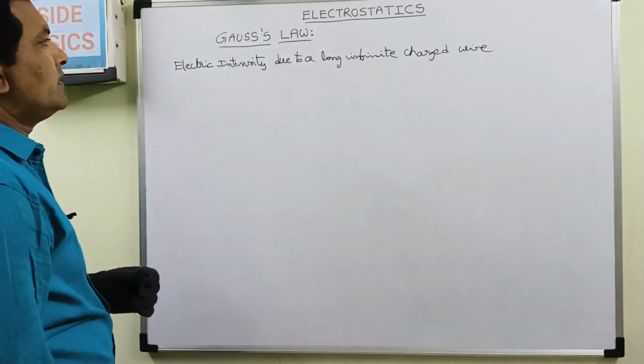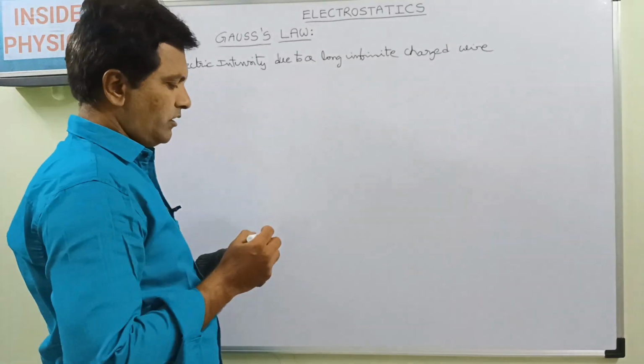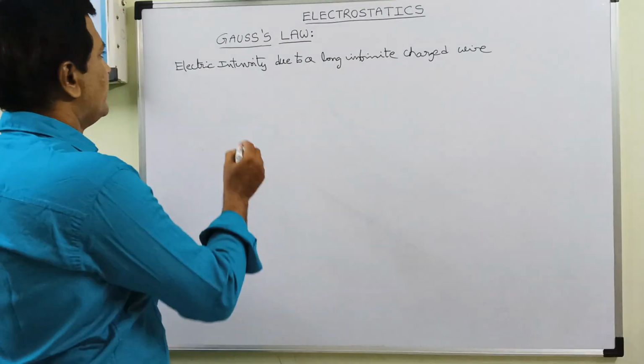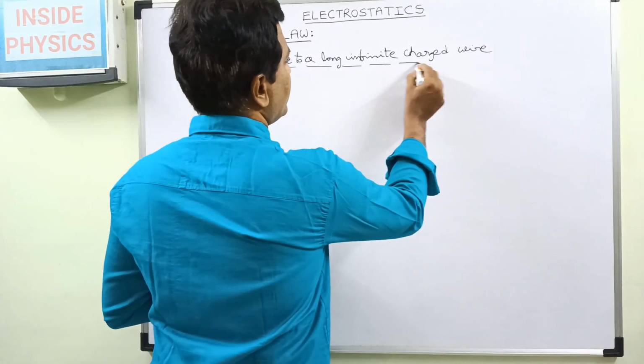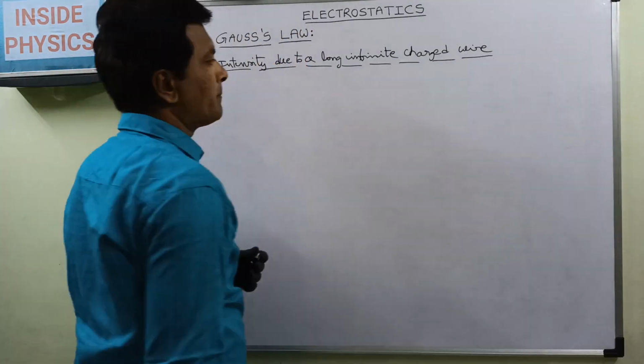Electric intensity due to a long infinite charged wire. This intensity we can find with the help of Gauss law.